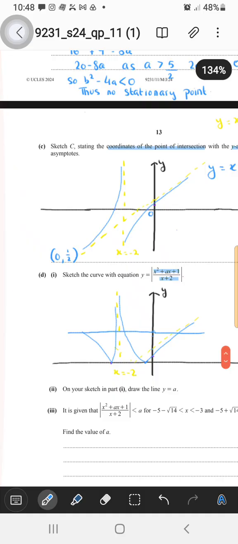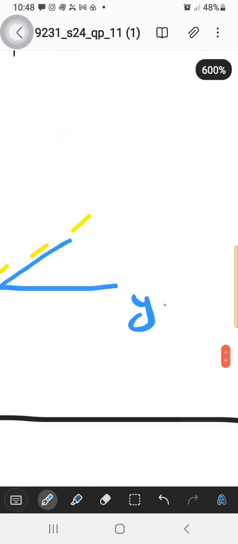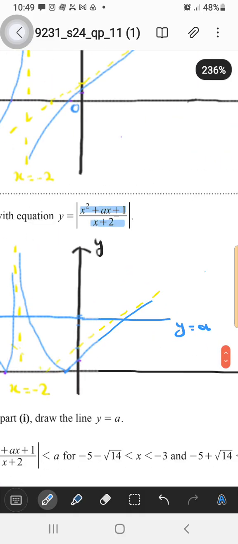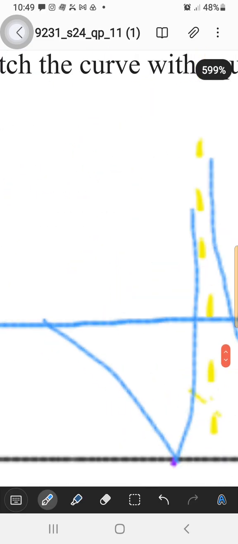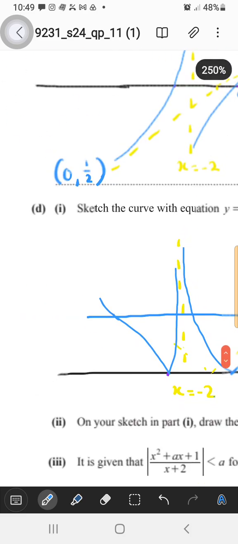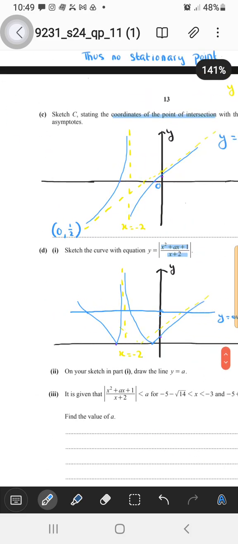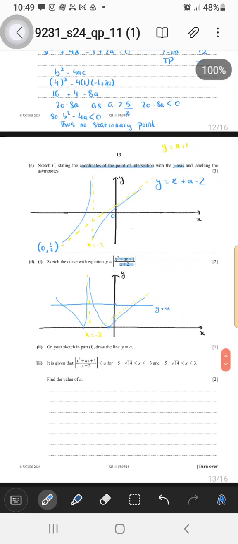Okay, this is our line y equal to a. This is not ended here, this can go ahead. Okay, so now we are done with these two parts.